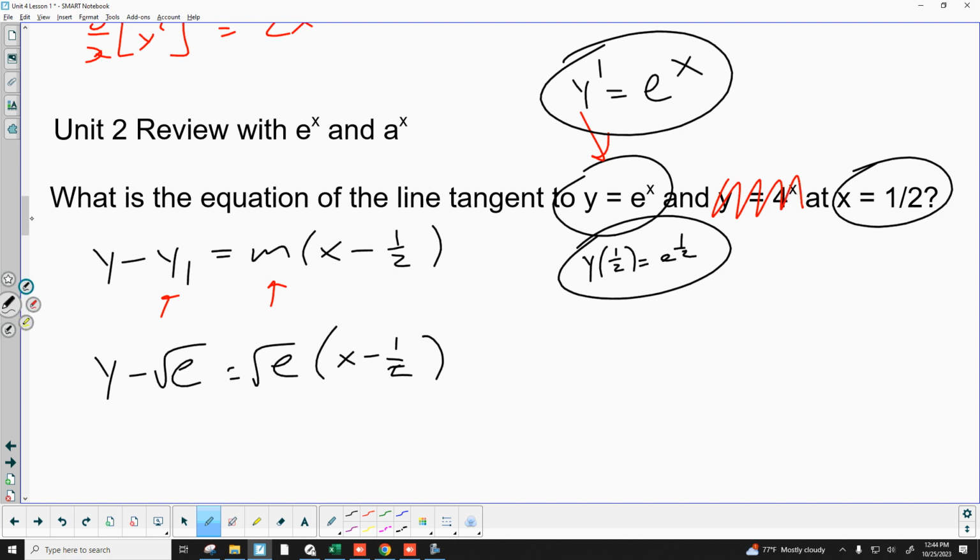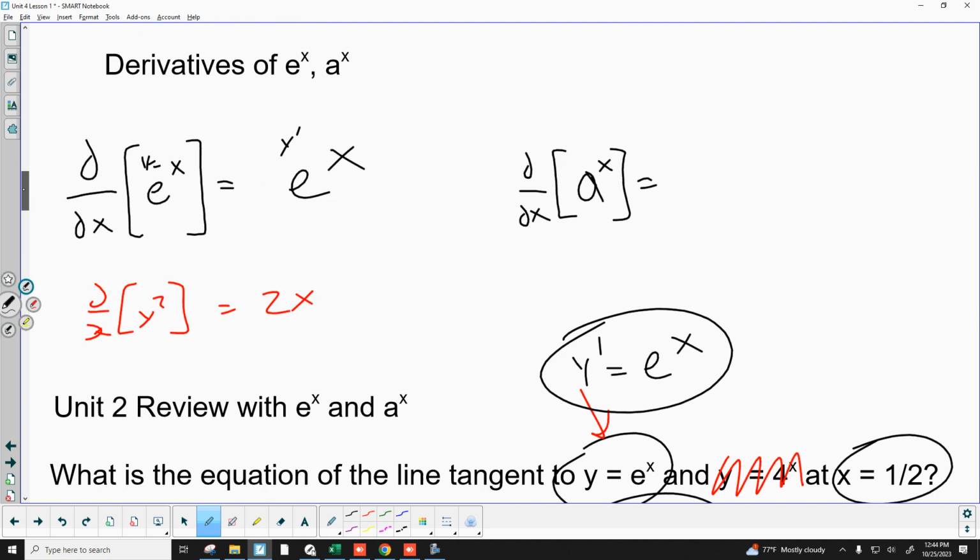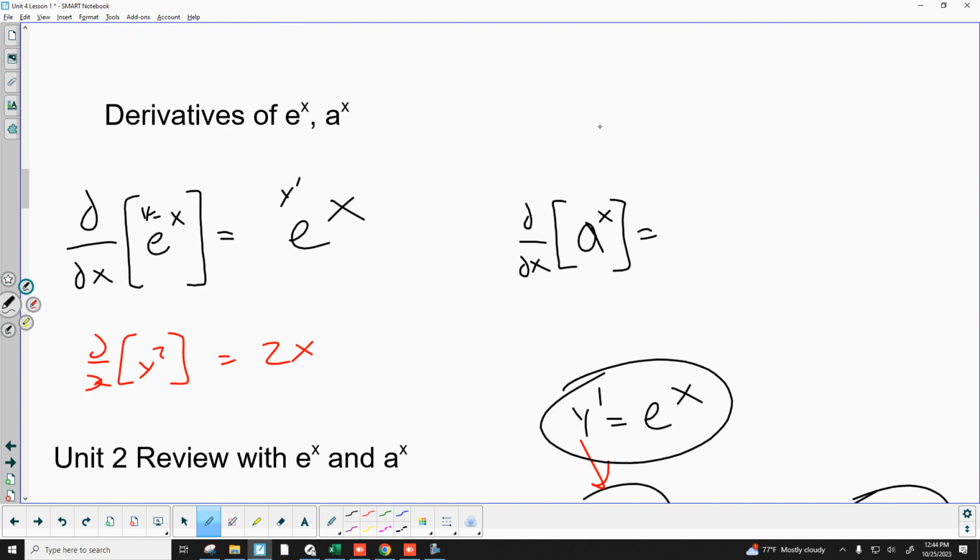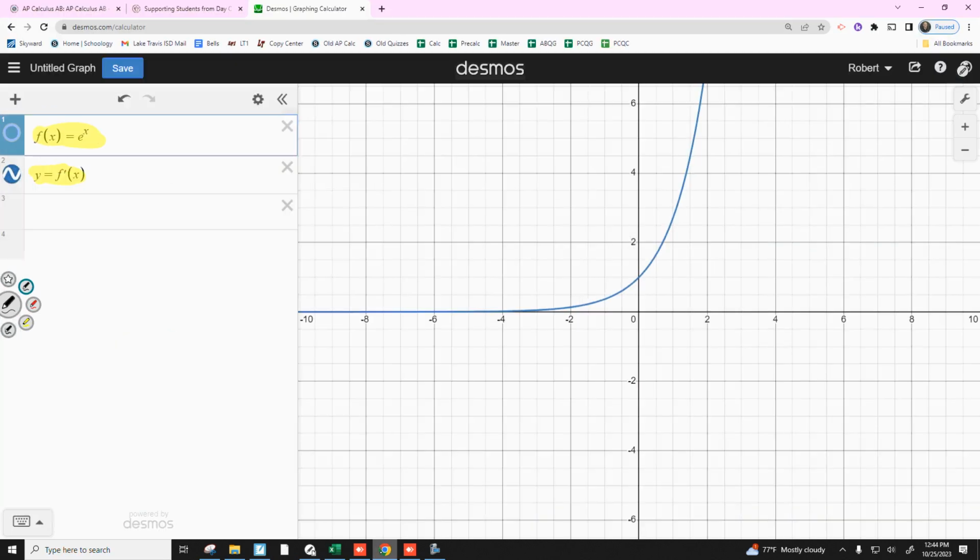Because if I change the number, let's say I change it not from e to the x, but to 4 to the x. Well, 4 to the x's slopes are different than 4 to the x's equation. If I look at 4 to the x, the slopes are different from the function, okay?